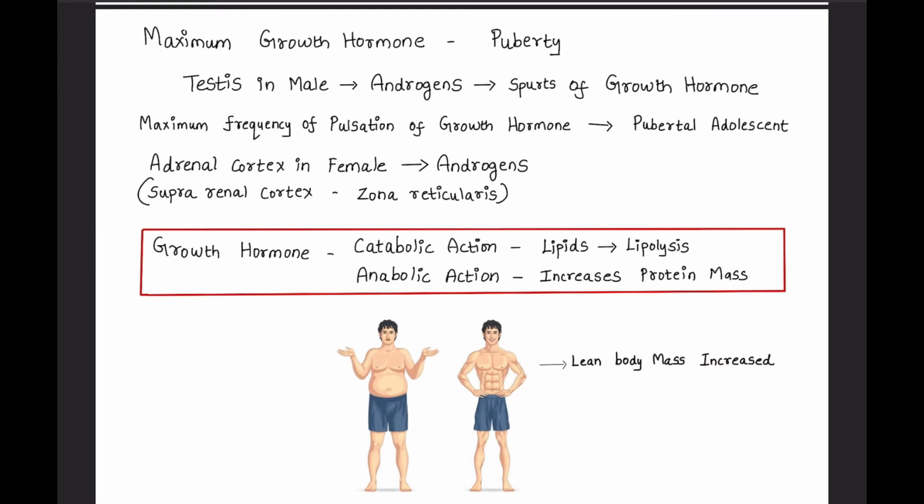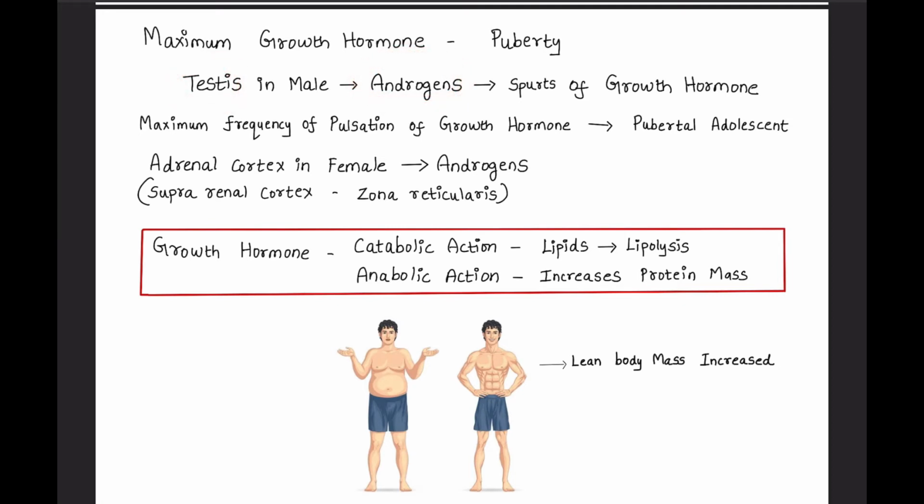So where do you see these adrenal glands? These adrenal glands are located above the kidney. The androgens in males are more active than the androgens in females, because these androgens are synthesized from the testes.